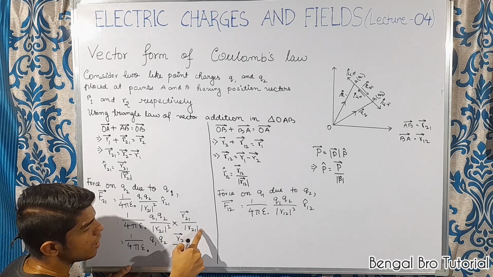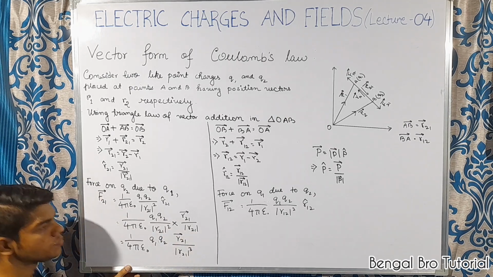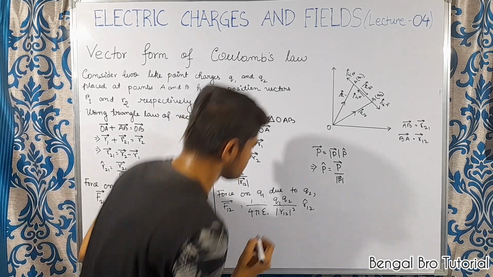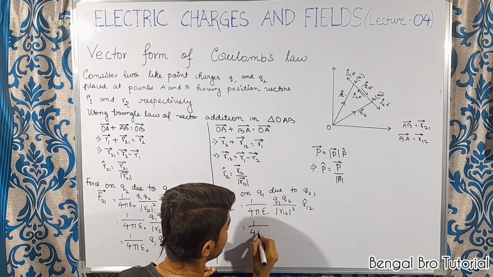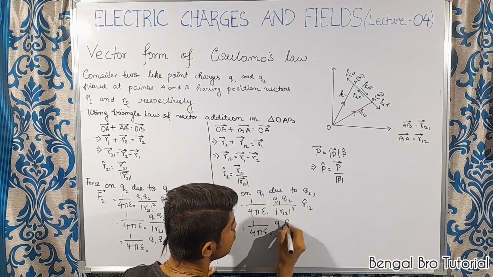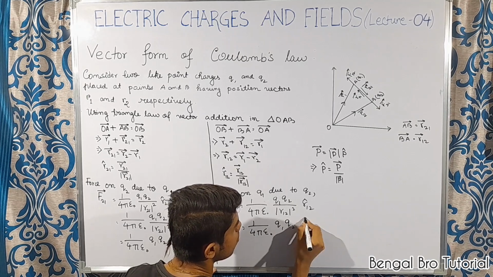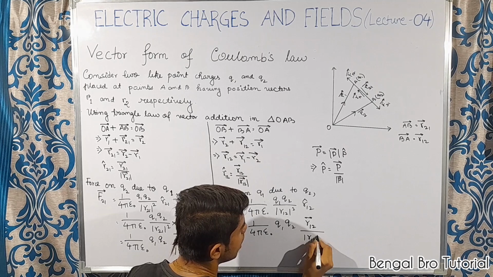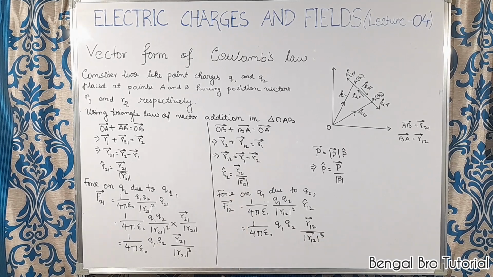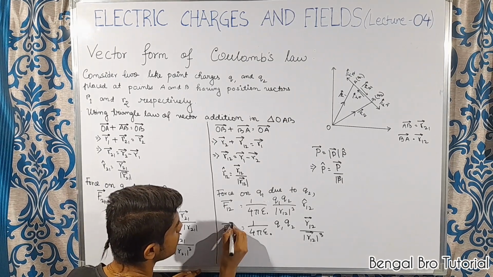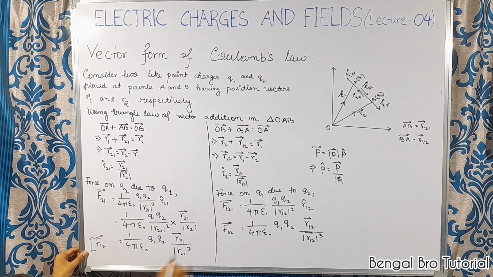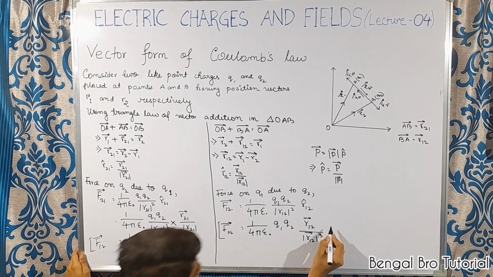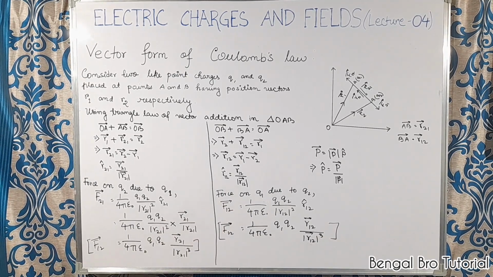R21 square into mod of R21 is equal to R21 cube. And here also we can write 1 by 4 pi epsilon naught Q1 Q2 into R12 vector by mod of R12 cube, like this only. So this and this expression represent the vector form of Coulomb's law.